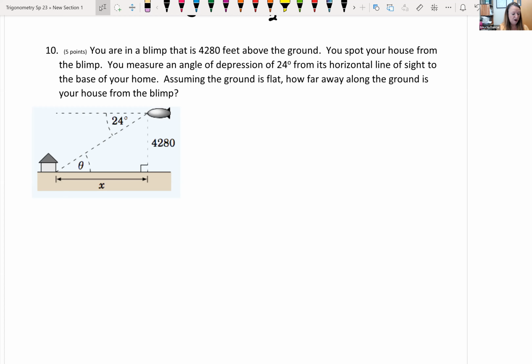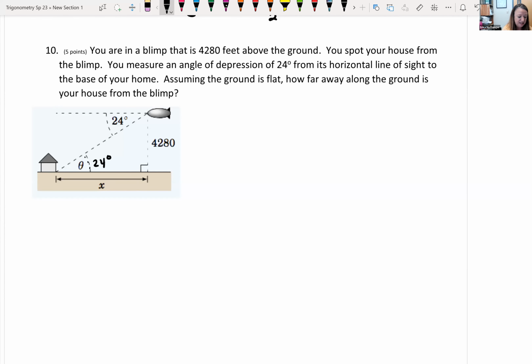Okay, so congruent angles. I noticed that my angle in here, theta, is 24 degrees. And so we are going to look at our angle. We know the opposite, and we want to know the adjacent.